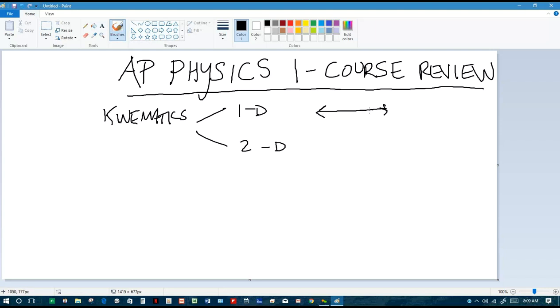One-dimensional motion means you're moving in one of two ways, just forward or back, right? There's only really one axis that you use to plot the position of something moving in one dimension.